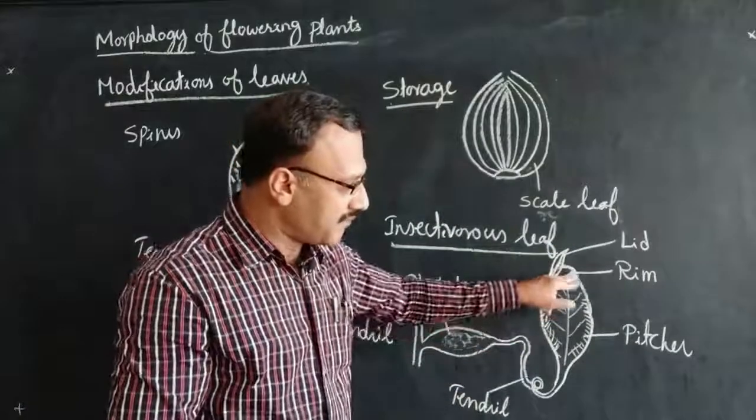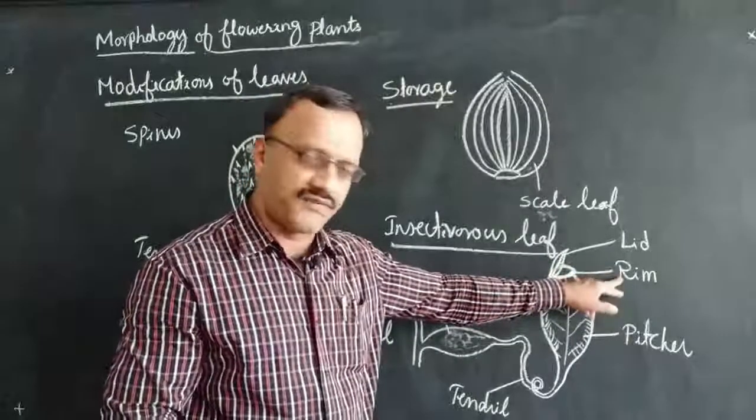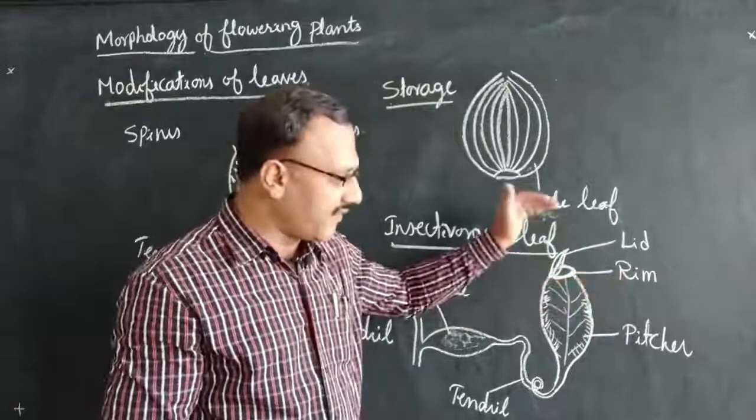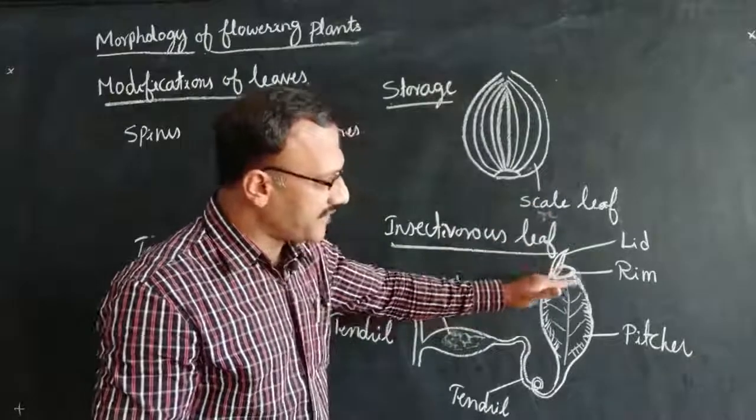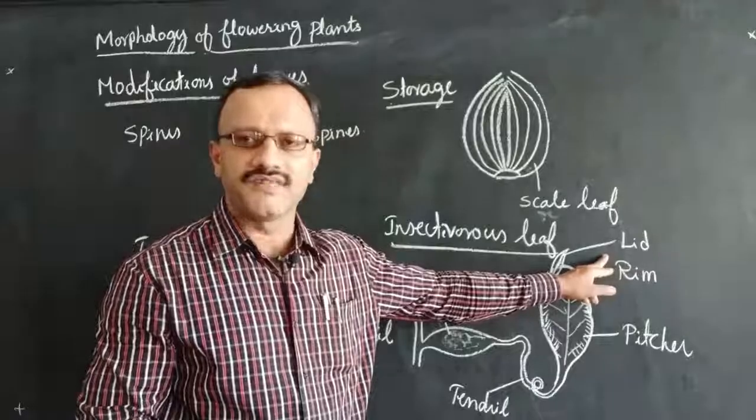The mouth of this pitcher is called the rim, which is the modified form of leaf margin, and covering the mouth of the pitcher is the lid, which is the modified form of leaf apex.